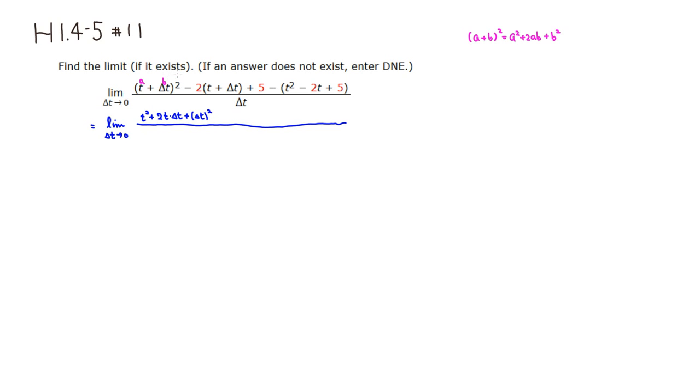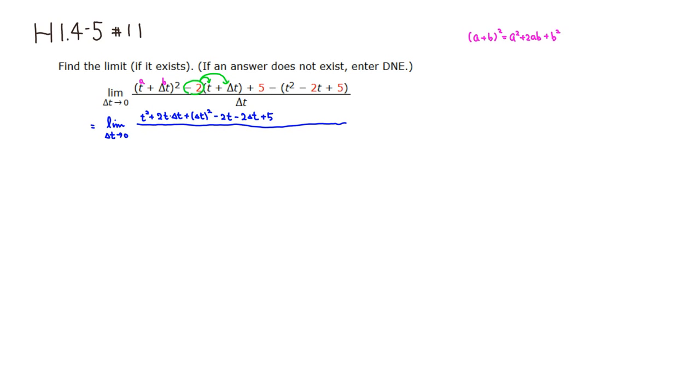Then I'm going to distribute -2 to each of these terms in the parentheses. So we're going to have -2t minus 2 delta t, right? And then we have plus 5.